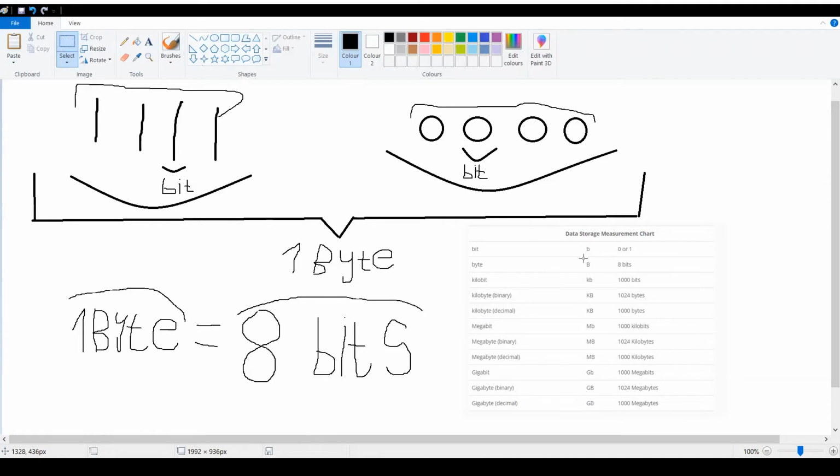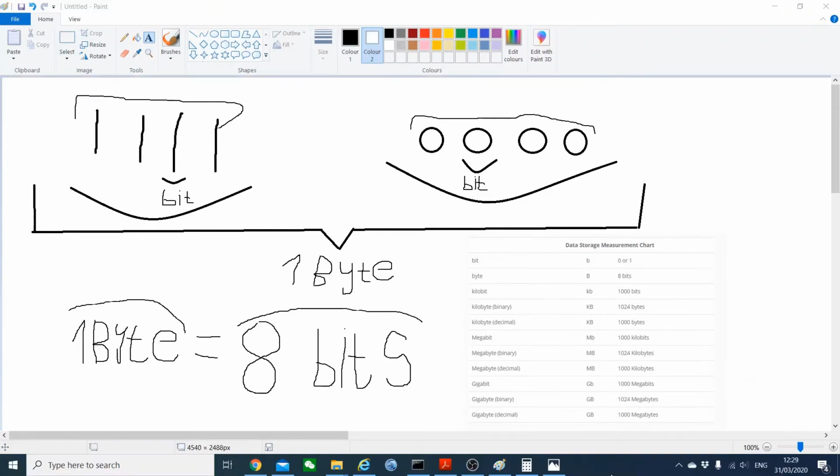When we are talking about a byte, we see a capital B. So a kilobit will be written as a lowercase kb, but a kilobyte will be written as a capital KB. So very cool, we have 1 byte, and inside that we have 8 bits.